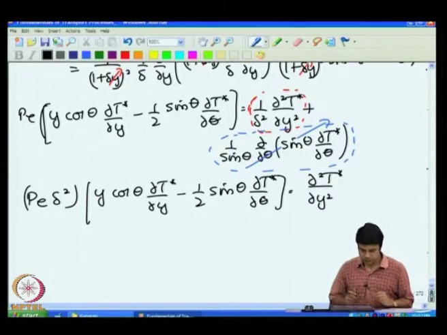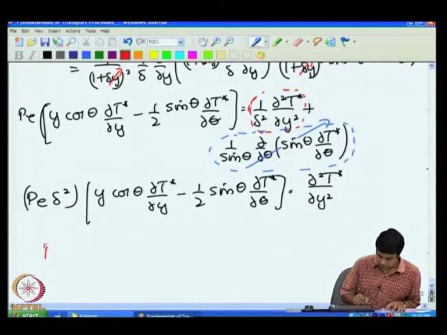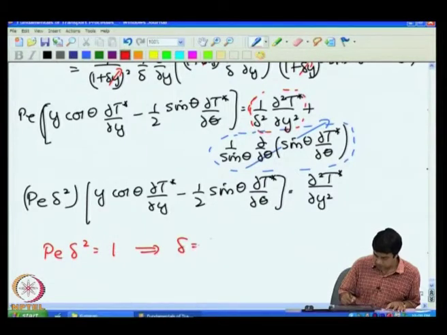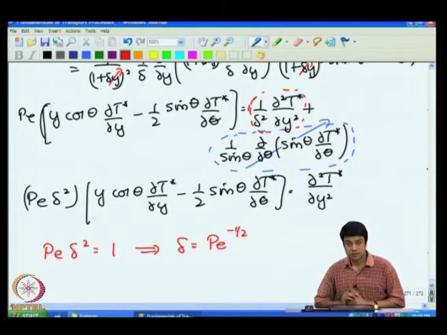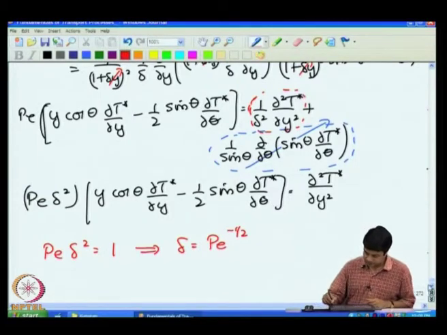Obviously, convection and diffusion are of the same magnitude only if P delta square is 1, which implies that delta is equal to P power minus 1 by 2. So, that is how you get the Peclet number power minus half scaling for flow past surfaces which have a slip condition, a zero stress condition or a slip condition at the surface.